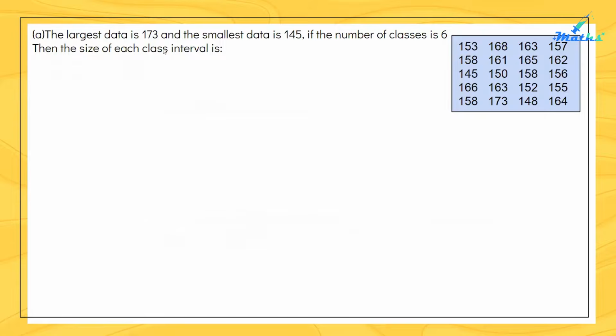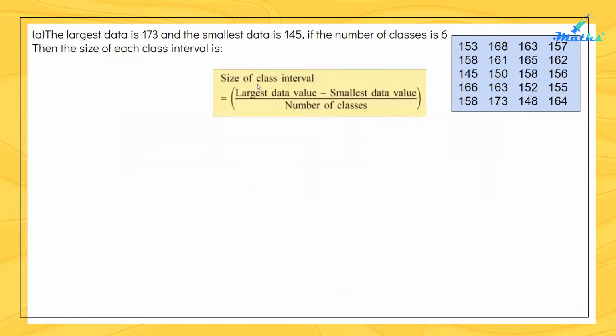For A, the largest data is 173 and the smallest data is 145. The number of classes is 6. Then we use the formula: size of the class interval equals largest data value minus smallest data value, divided by the number of classes. So we take 173 minus 145 and divide by 6, and we get 4.7.